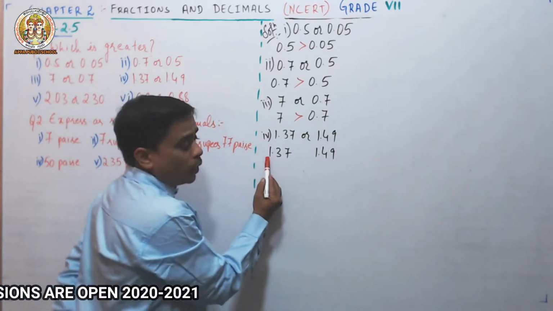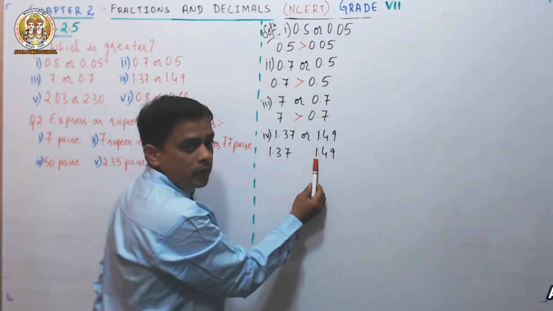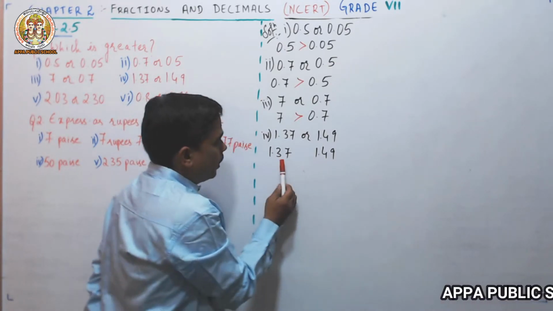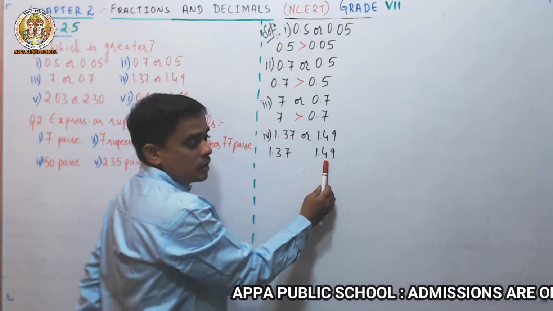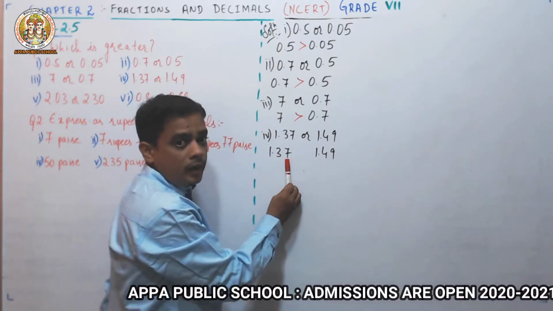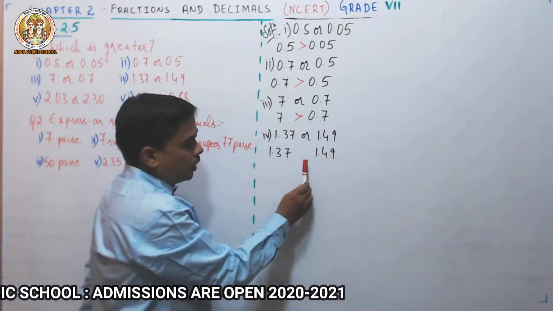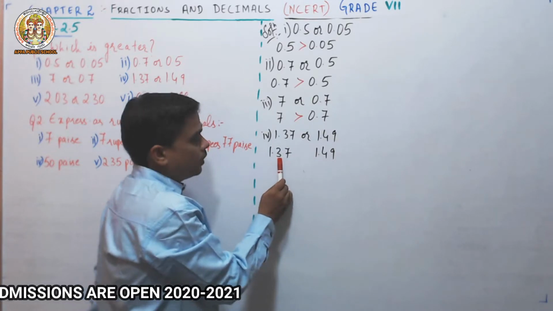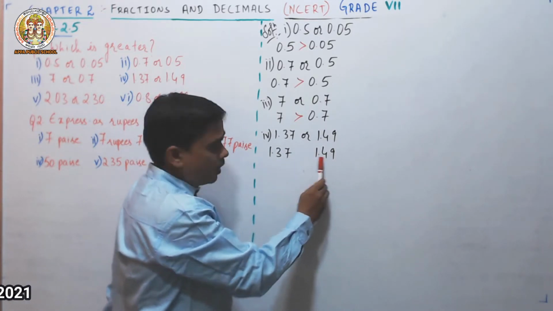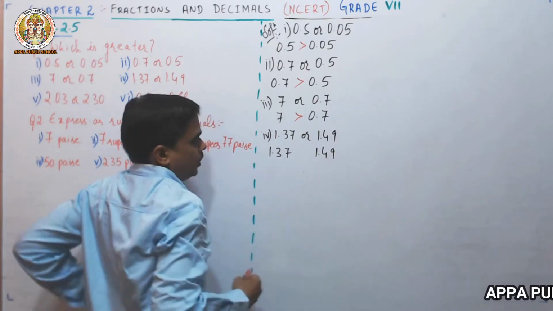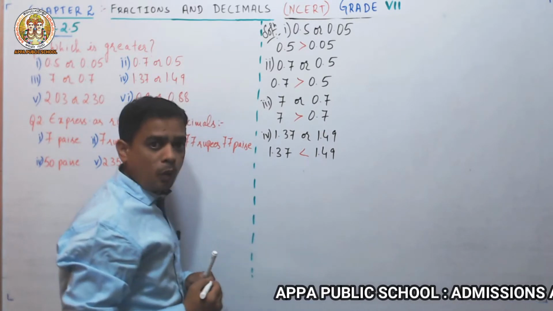The unit place has 1 here, and here also the unit place is 1. The tenth place is 3 here and 4 here. Which is greater, 3 or 4? 4 is greater. Therefore 1.37 is less than 1.49.